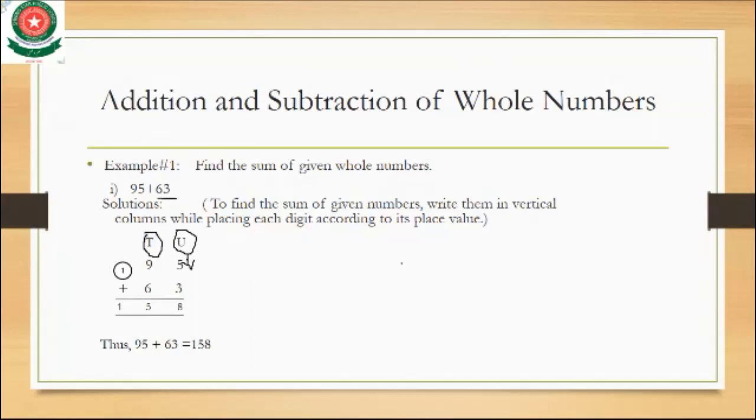In 63, the most right digit is 3, and you will write it in the place of unit. Then the left digit is 6, so you will write it in the left column, the place of ten, T.